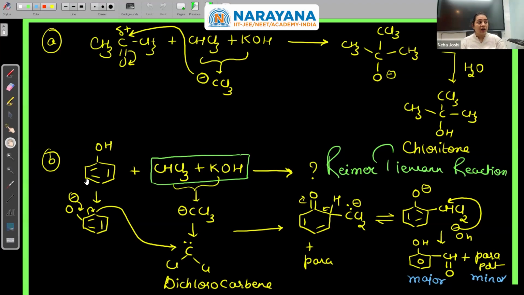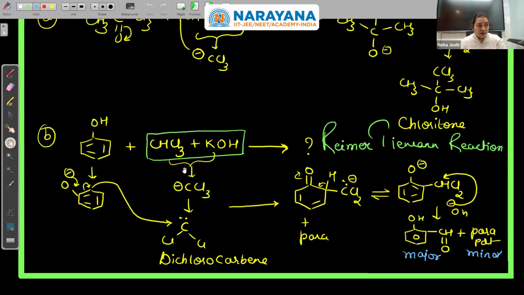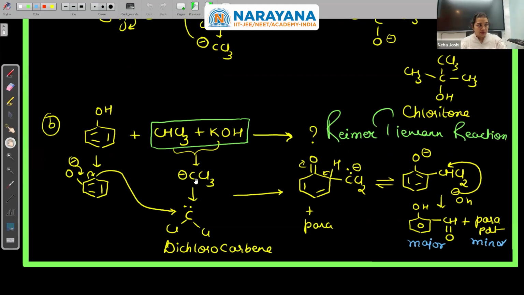But if I take phenol, now in phenol, if I form CCl3 minus, this is a strong electron dense species and the phenoxide ring is also electron dense. So there is no possibility of reaction between these two electron dense systems. And thus I get an opportunity or a chance to shift to dichlorocarbene.